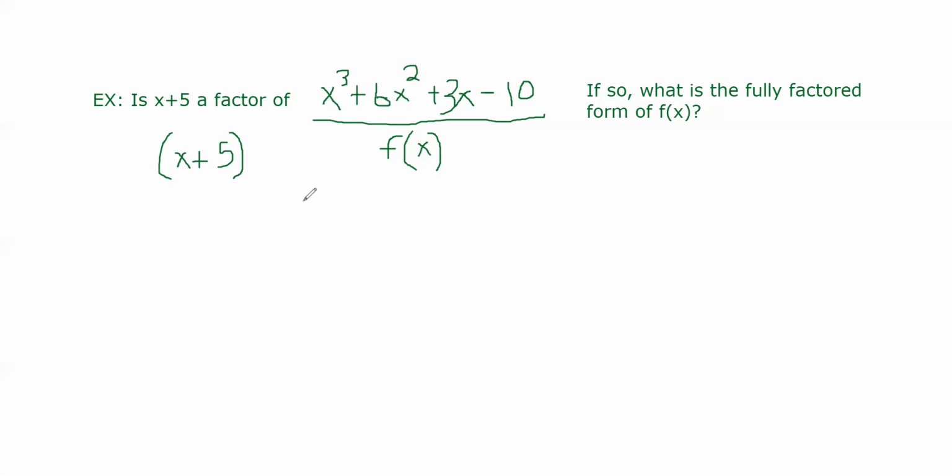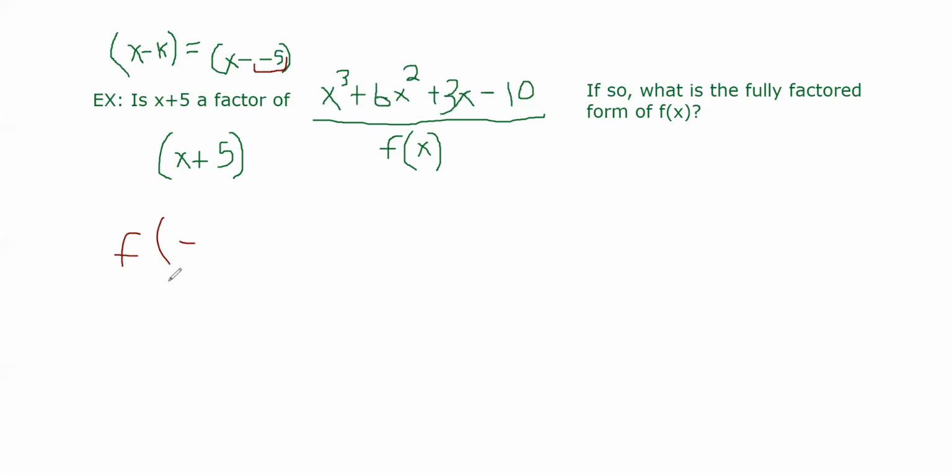Because remember, when we wrote it, we said the factor has to be written like it's x minus k. Well, in order for it to appear like x plus 5, that would have to be x minus negative 5. So really the k value is just the opposite sign from what you see.